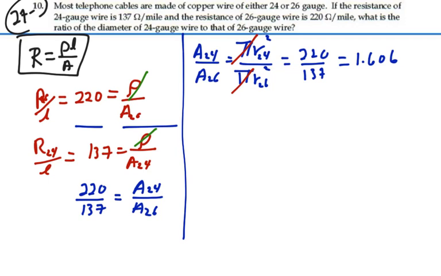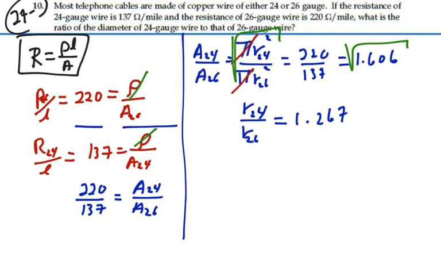So if I were to take the square root of both sides, I would then get that the radius of the 24 gauge to the 26 gauge is equal to the square root of 1.606, and that is 1.267. That is the ratio of the radii of these two wires, the 24 gauge to the 26 gauge.